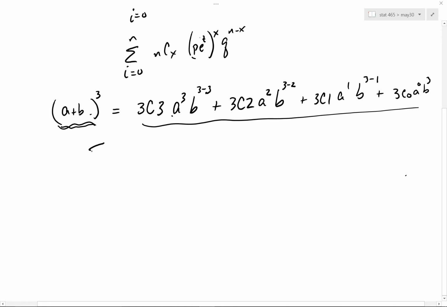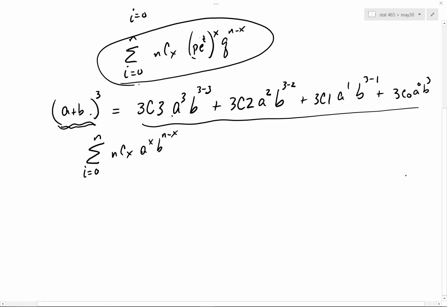This could be rewritten as the sum, where i goes from 0 to n of n choose x of a to the x, b to the n minus x. Does that make sense? Because that's all we're saying. Bear with me. Back in the day, you learned that this could be expanded to look like this.